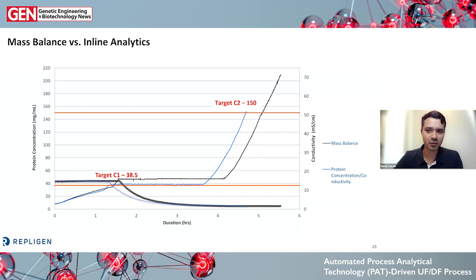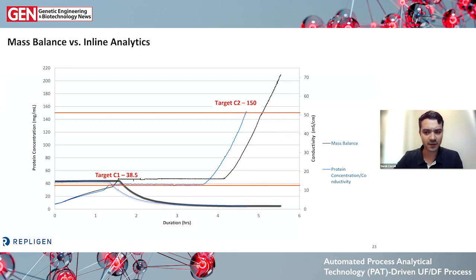So if we were to look at this example, this is the kind of scenario where you would need to do a secondary dilution to get you back down into your target after the run was over. With the inline analytics, no need for that. On the other axis on the right, you can also see the conductivity.